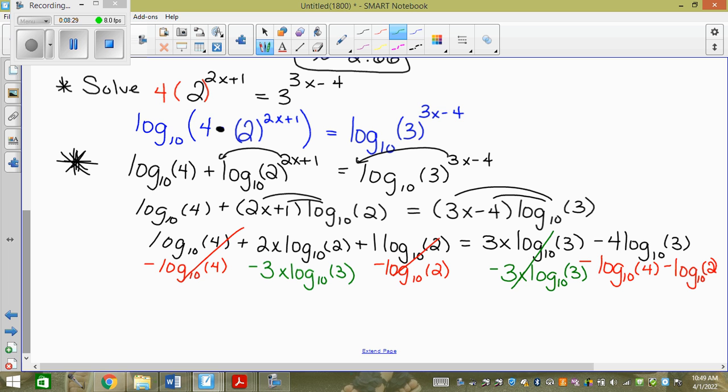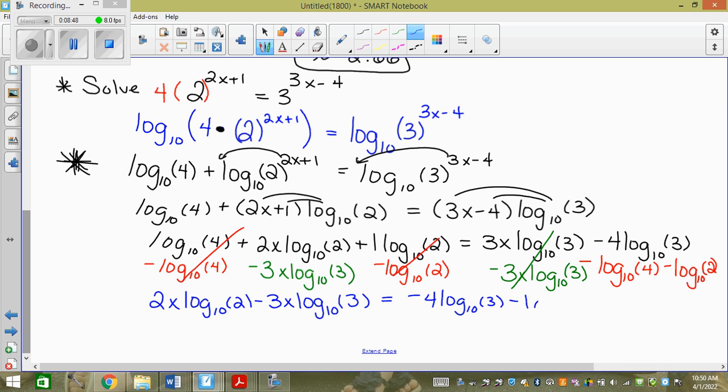Okay. So I'm left with 2x log base 10 of 2 minus 3x log base 10 of 3 equals negative 4 log base 10 of 3 minus log base 10 of 4 minus log base 10 of 2. What's my next step?